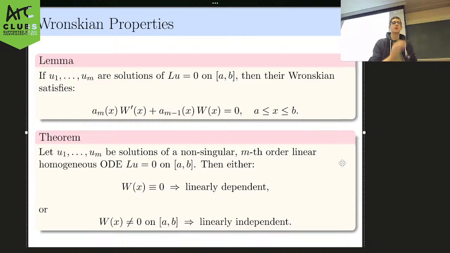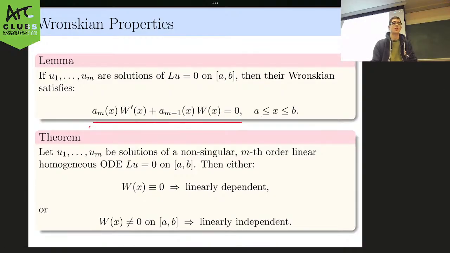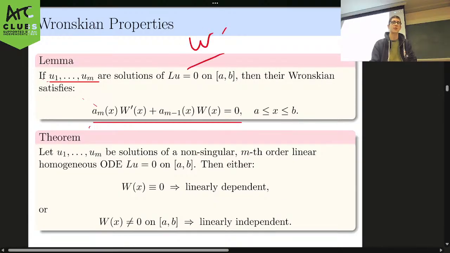But looking at this theorem now, in this specific case, when you have the Wronskian of solutions to a differential equation, then the Wronskian has to satisfy this differential equation. So you would say W dash over W is equal to, assuming we're non-singular, a_{n-1} over a_n.